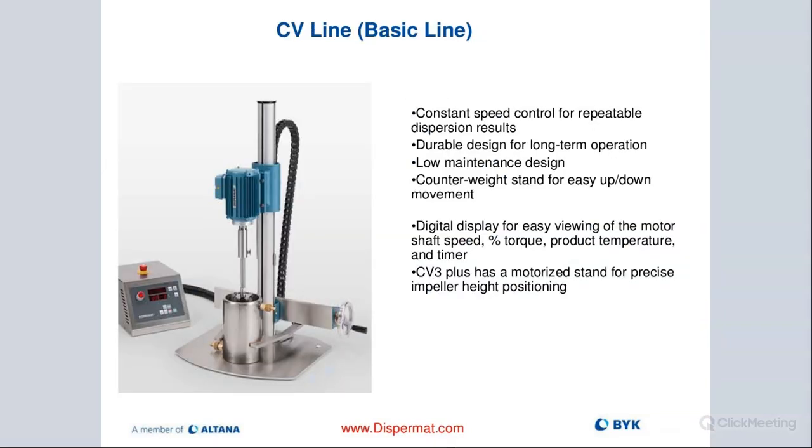We have also the next model up is the CV line. We have a new CV model going to be introduced in August this year. It's a really big redesign for us. That new machine will have that beautiful control panel that you see on the AE model that I showed you earlier. But you will also have the capability of adding a scale that will be basically displayed.